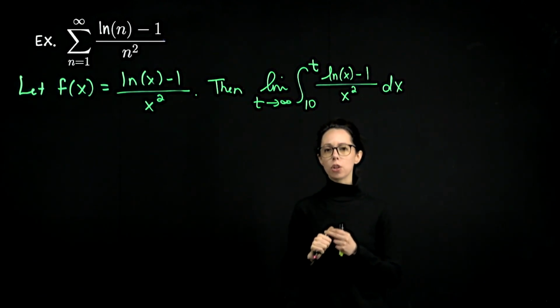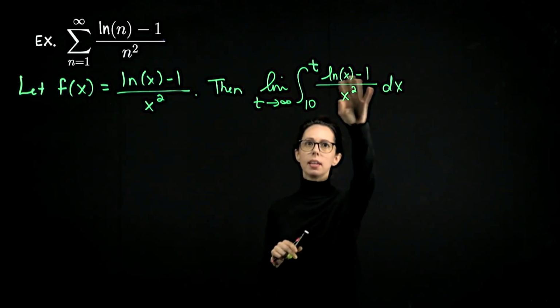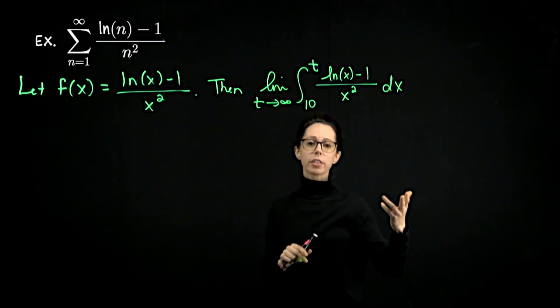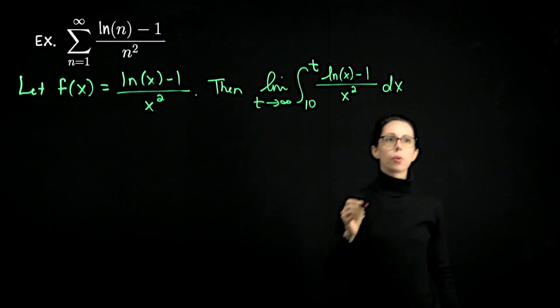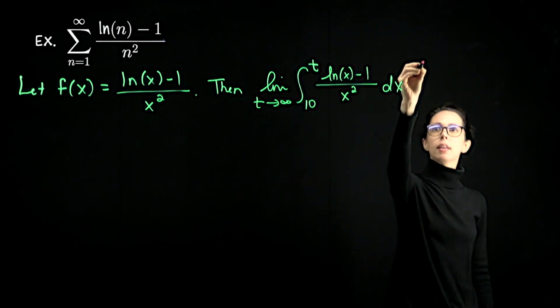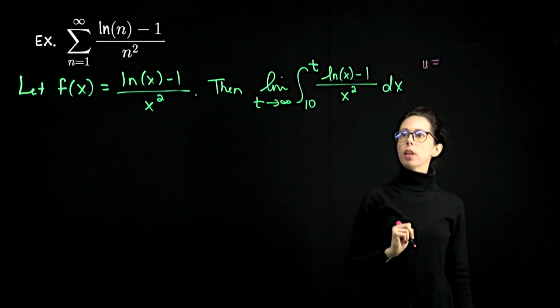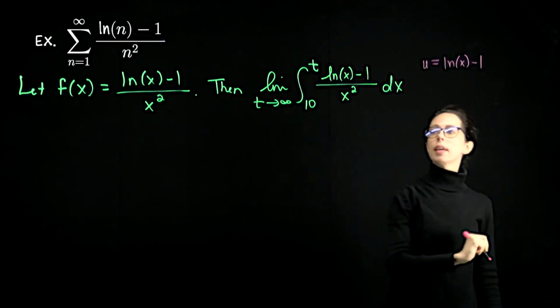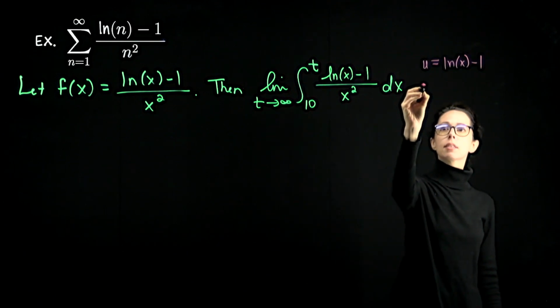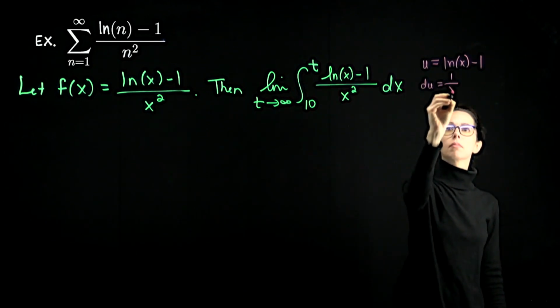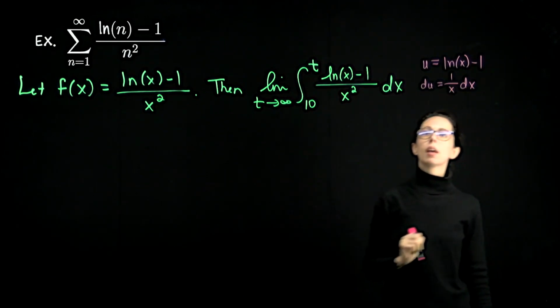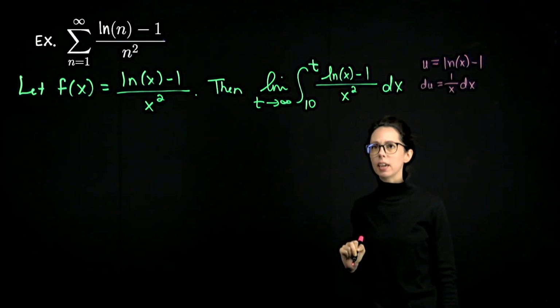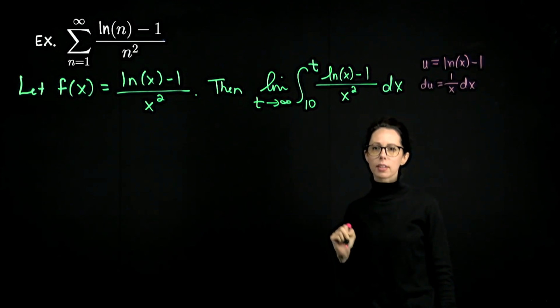I will let u be the numerator because natural log gets a lot better after differentiation. So I'll do it over here. Let u be natural log of x minus 1, so that du is 1 over x dx. On the other hand, have dv be 1 over x squared dx.